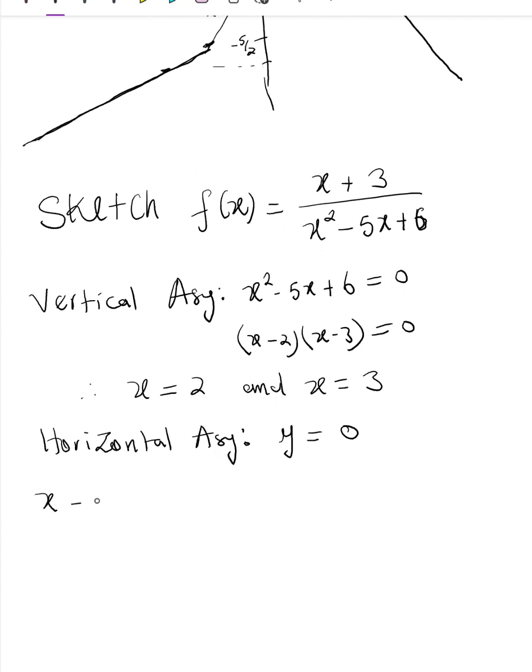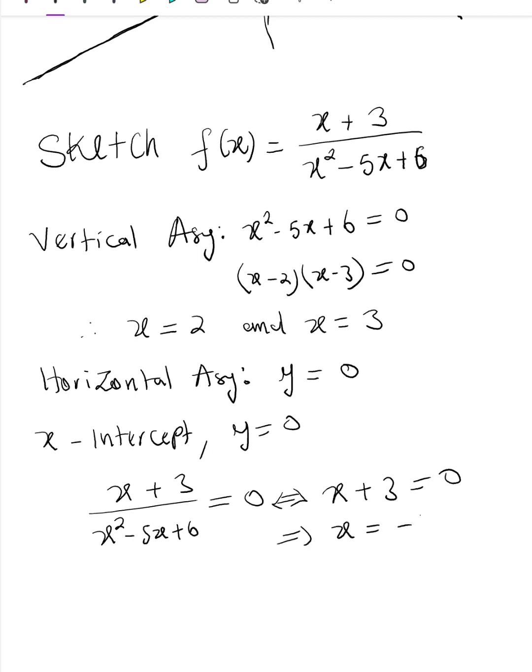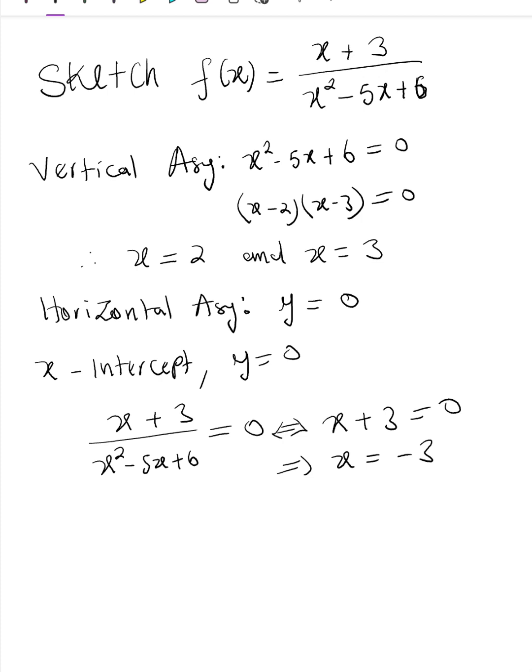I start with the x-intercept. On the x-intercept, y is equal to 0, so the whole function is 0. So x plus 3 over x squared minus 5x plus 6 is equal to 0. This can only be true if x plus 3 is equal to 0, so x is equal to negative 3. So I have my x-intercept as negative 3, comma 0.